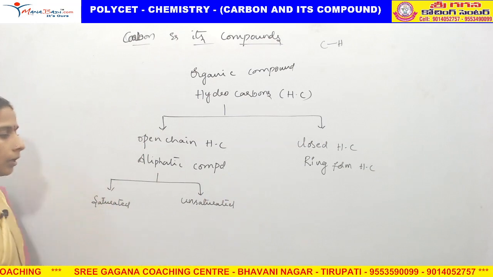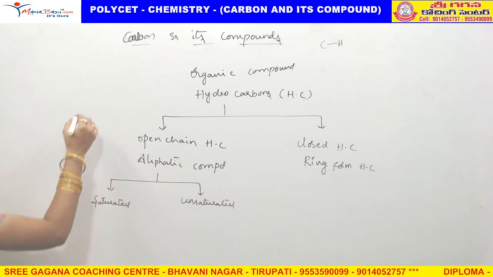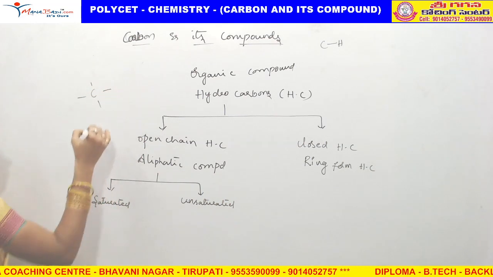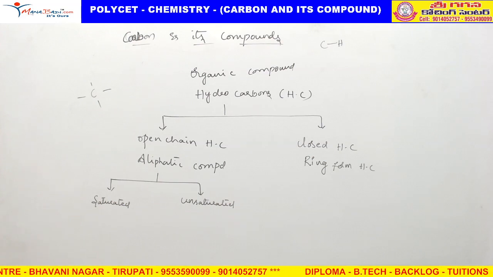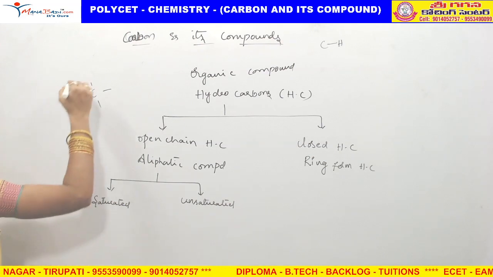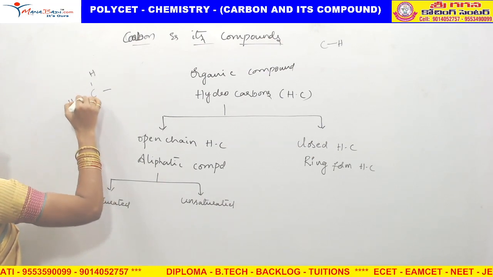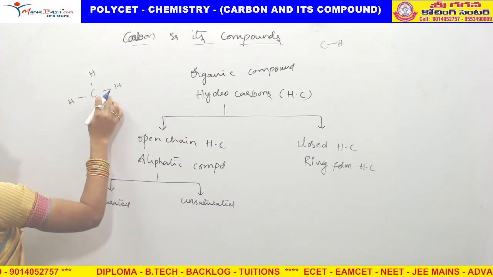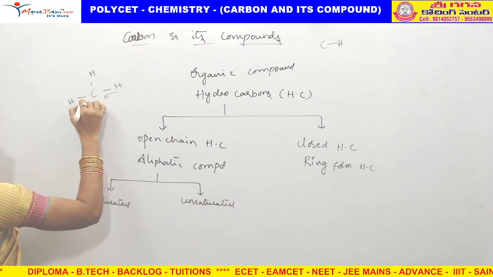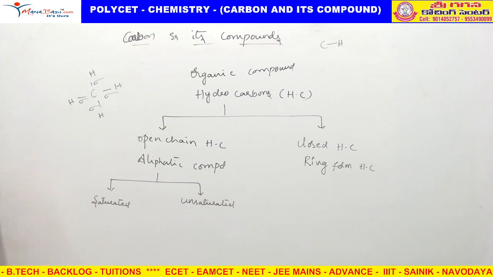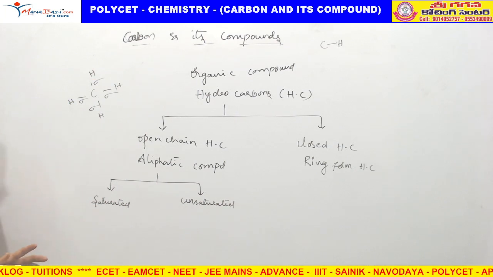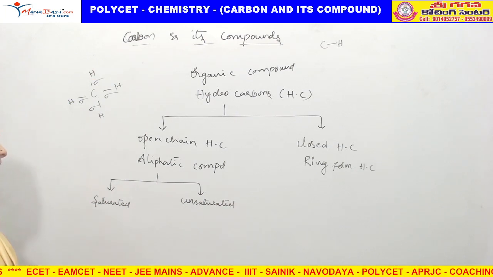Saturated hydrocarbons means a carbon is able to form 4 bonds, right? If these 4 bonds are satisfied with hydrogen, all are sigma bonds, single bonds. You know very well about sigma bond and pi bond formation in chemical bonding, we discussed.